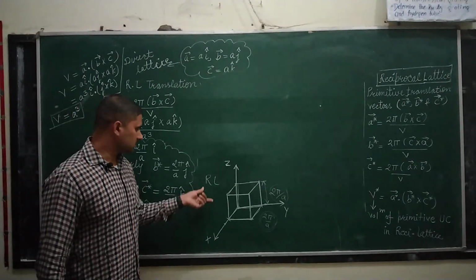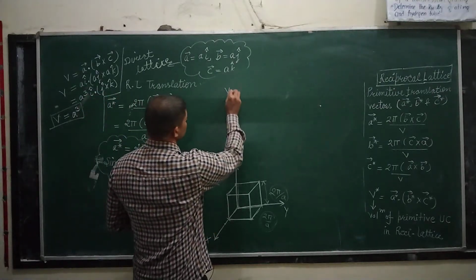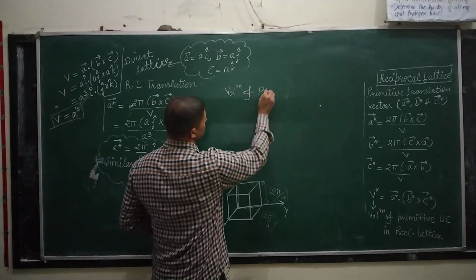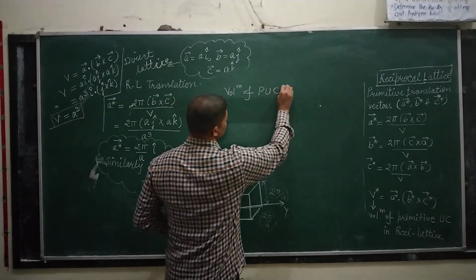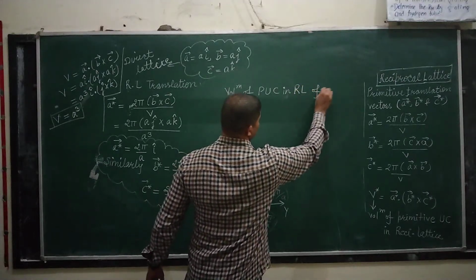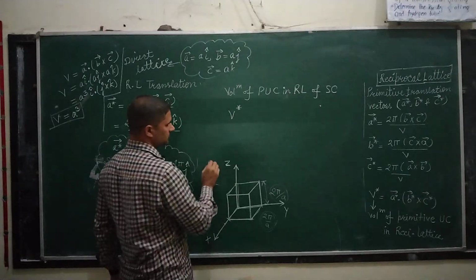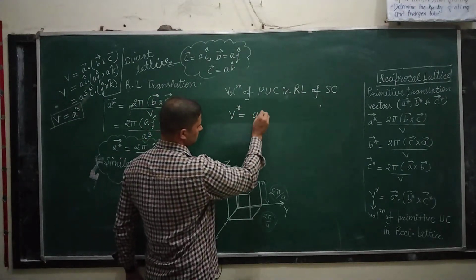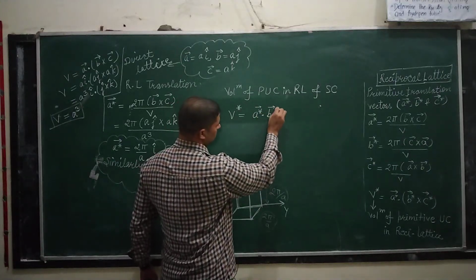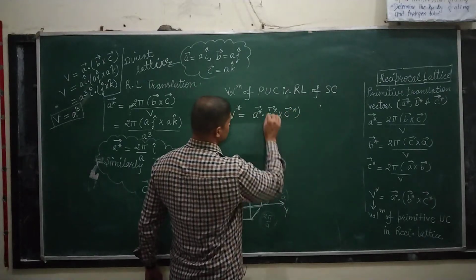Okay class, now see what will be the volume of the primitive unit cell in reciprocal lattice of simple cubic. I represent it by V star, and this is equal to vector A star dot vector B star cross vector C star.